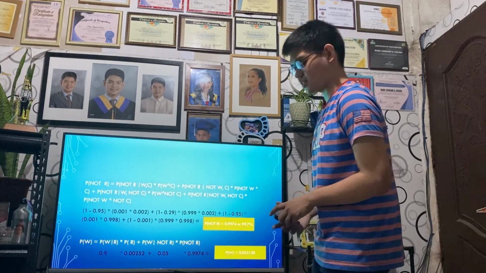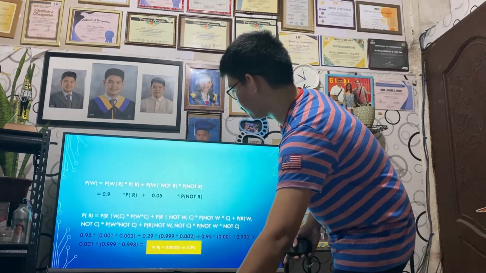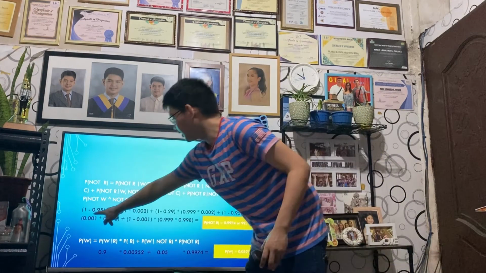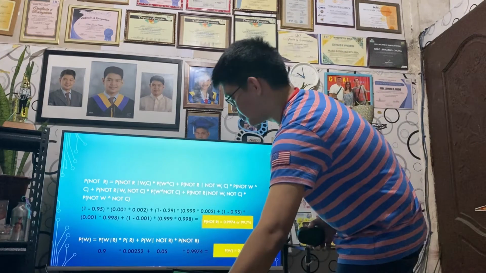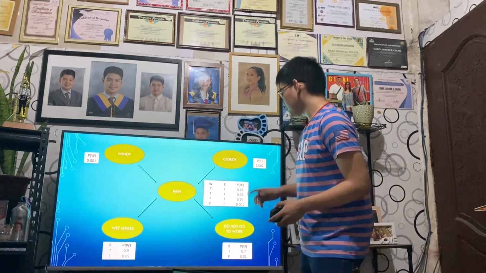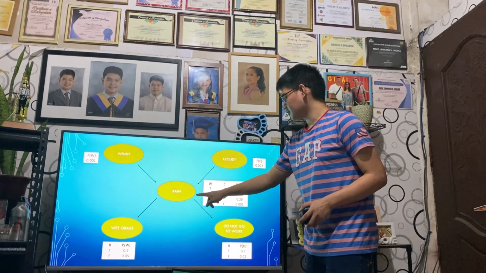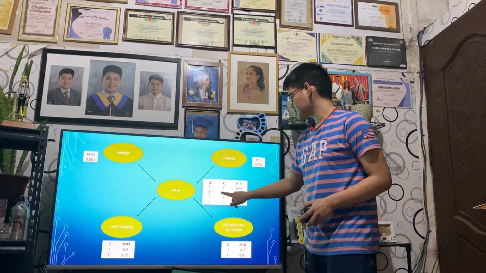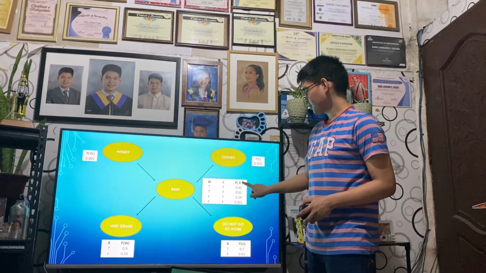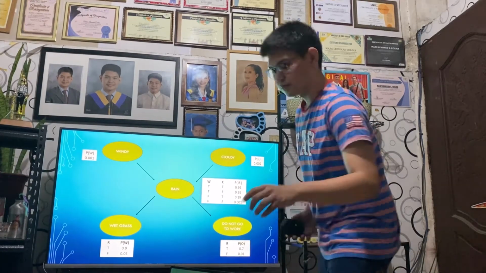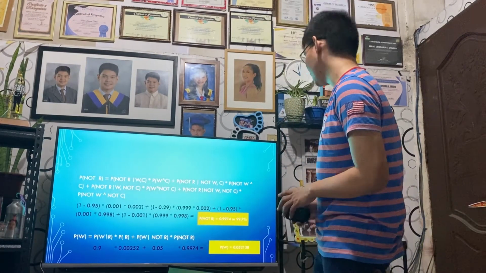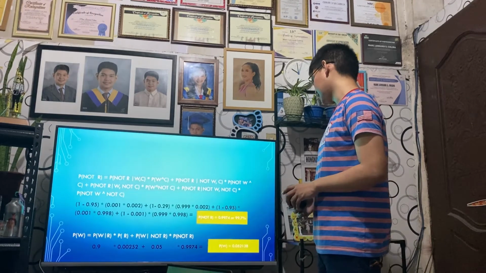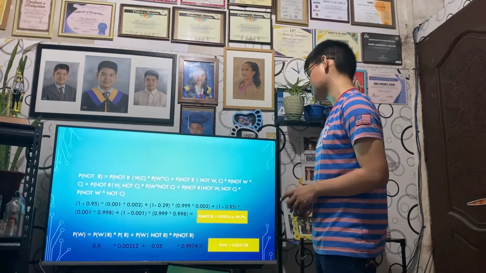If you notice, it's the same formula from before, but we just added a 1 minus that probability. Because to get the probability opposite to rain, we just subtract from 1. That's what we did, and we got the value of 0.9974, or 99.7%.